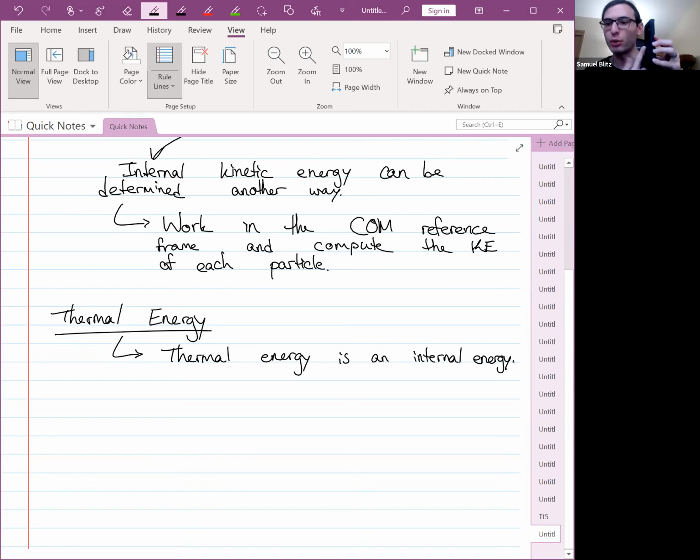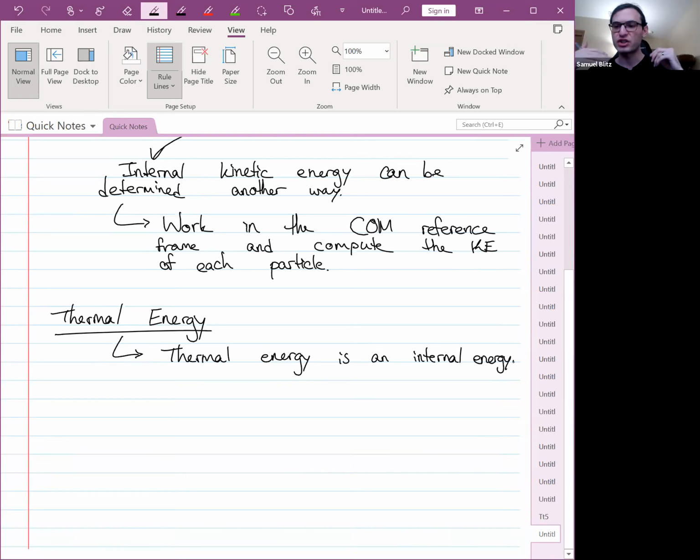The phone isn't moving. The phone isn't changing its speed, yet somehow its energy is increasing. And that energy, therefore, has to be associated with the motion internal to the system, the atoms and the molecules in the phone starting to move faster.